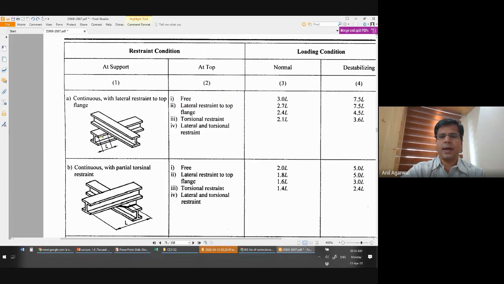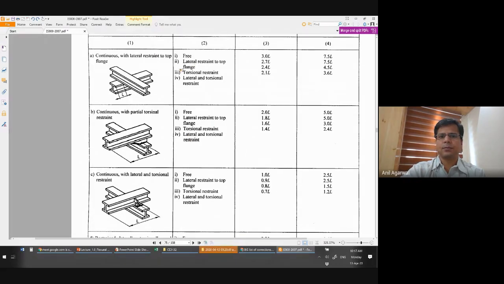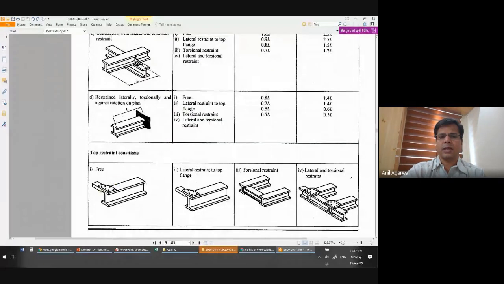And at top, you have to look for free, or lateral restraint to top flange, torsional restraint, and lateral and torsional restraints. How do you get a free condition, lateral restraint to the top? Those all are described here. Free means free, so that means this connection is not there between the beam and the brace. The other one is laterally restrained to the top flange, or otherwise you may have torsional restraint.